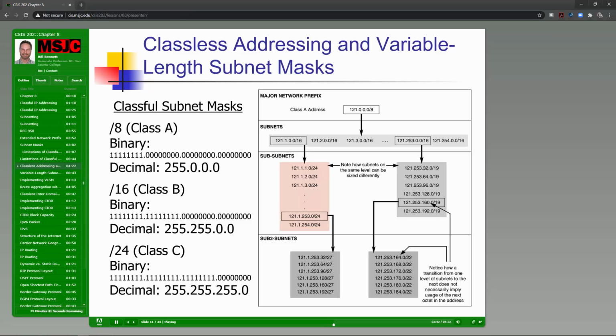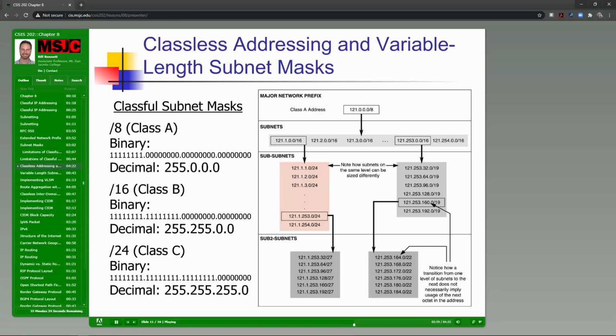And we won't go into the math quite yet, but the 3 bits means that your subnetworks are going to jump by 32s. So from the 121.253 subnet, we're going to further subnet it, in other words, break it down now into smaller chunks.